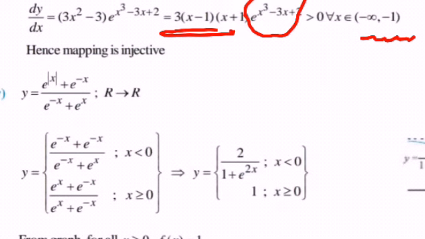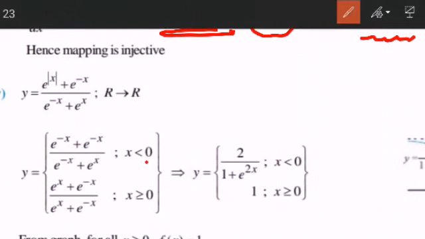So wherever there is a mod x, when x is negative, you have to make it minus x. For x positive, we have to make it x.